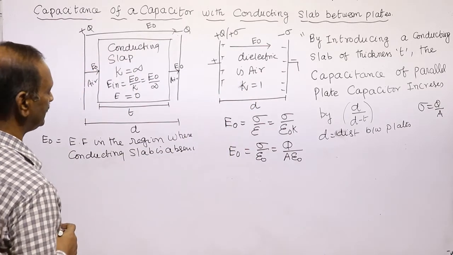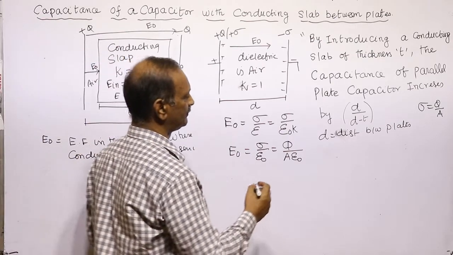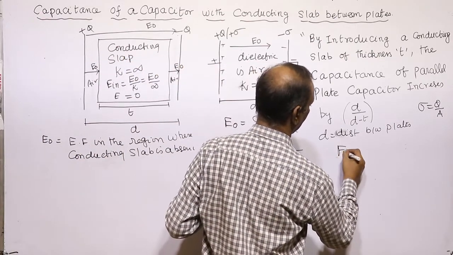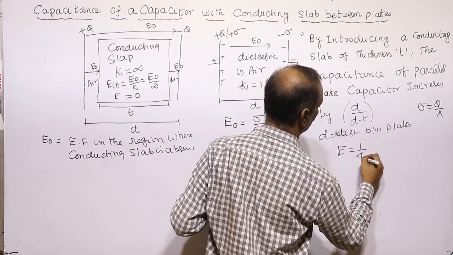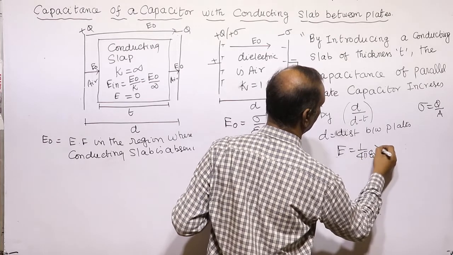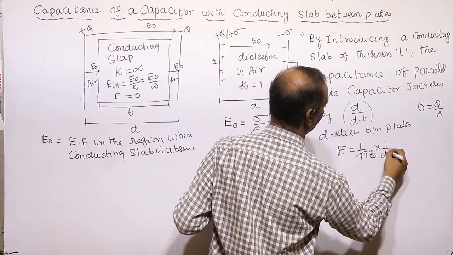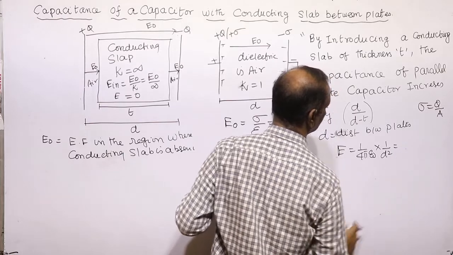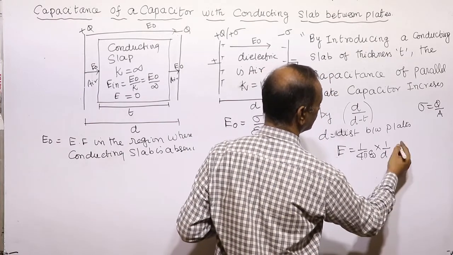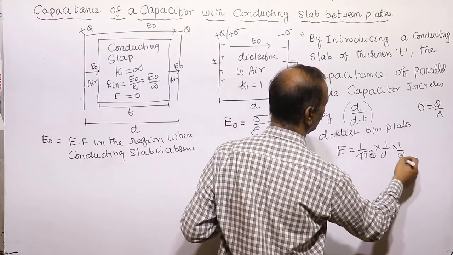Now what about the potential? Electric field is equal to 1 by 4 pi epsilon naught into 1 by d square, and this d square can be written as 1 by d into 1 by d.